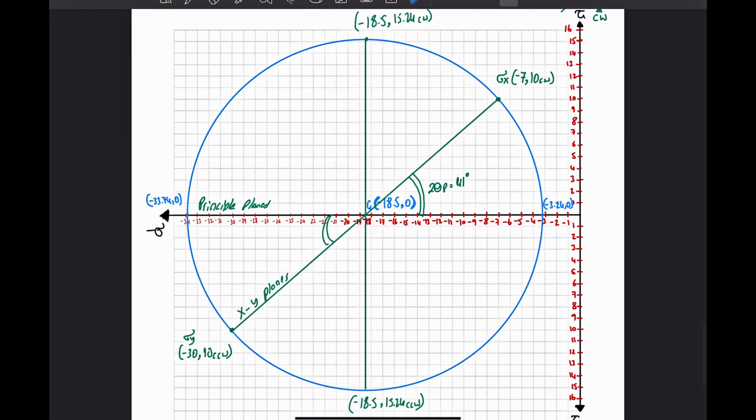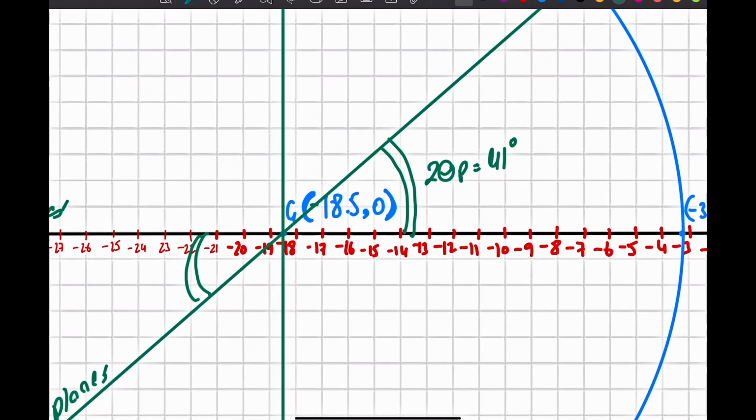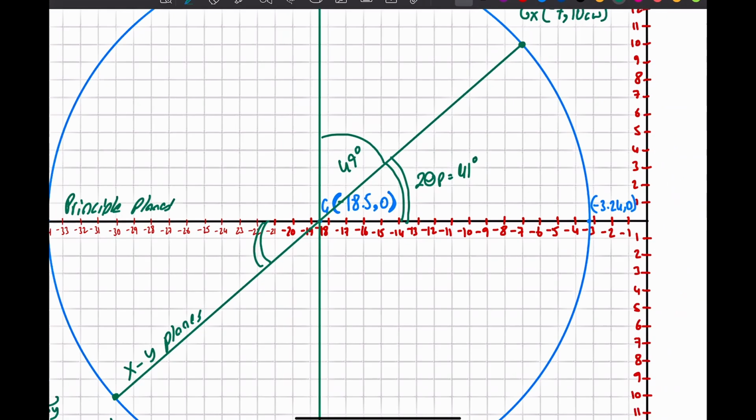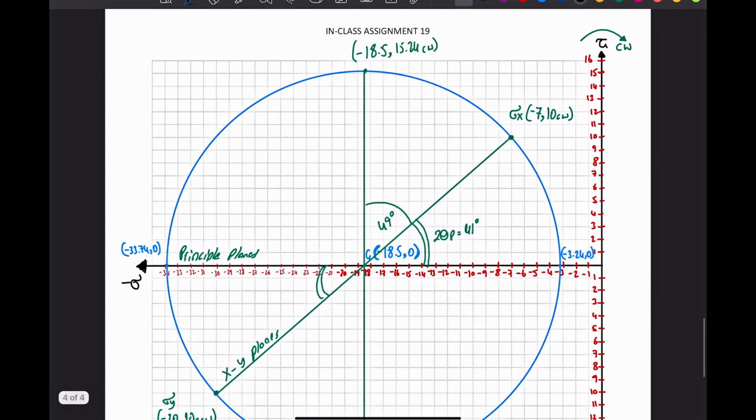Okay, now if I know that this is 41 and this makes a 90 degree, so I know that this angle now is 49. Okay, so I want to rotate again from the xy plane by 88, and I already rotated here to 49. So what is left? What is left is 88 minus 49, and my new element is somewhere here that I want to find the stresses for.